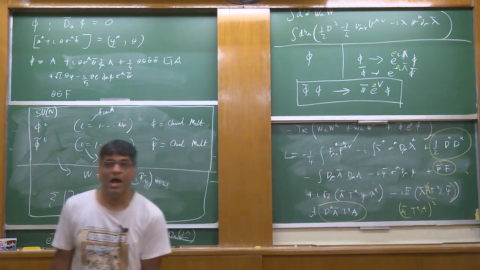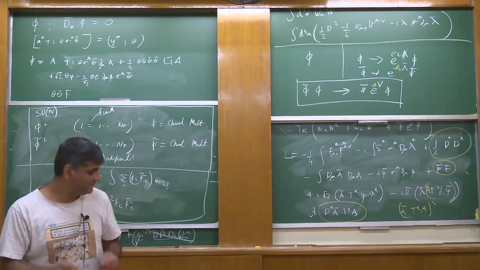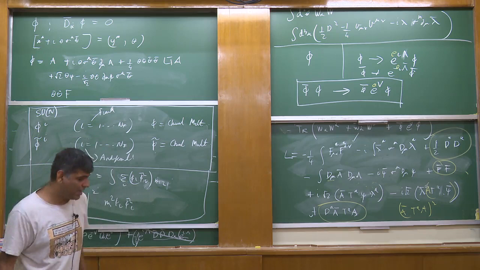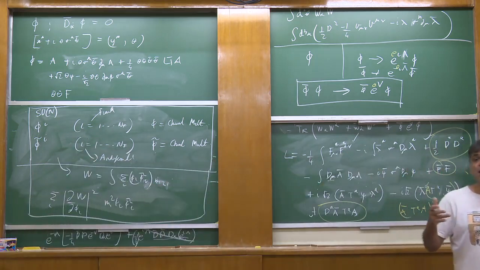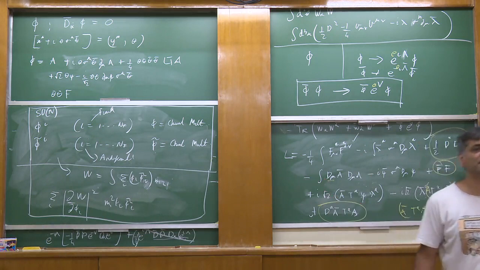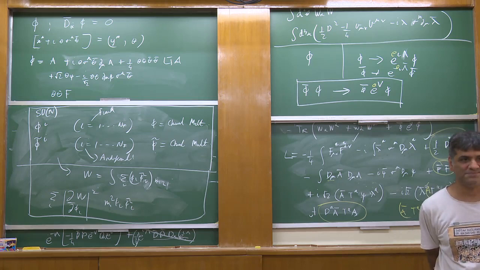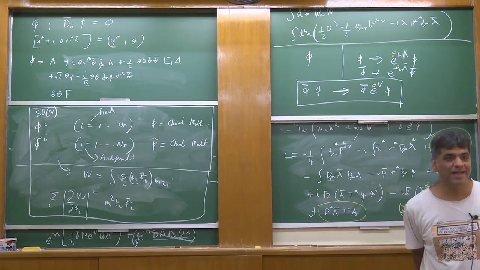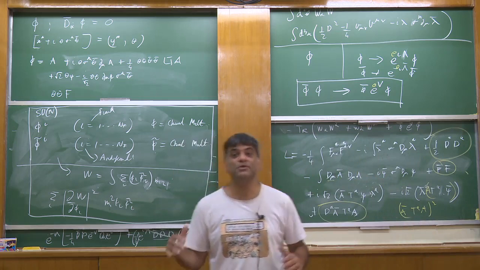A qualitatively interesting question is this: are gauge bosons asymptotic states in the theory or not? Are massless gauge bosons asymptotic states in the theories?